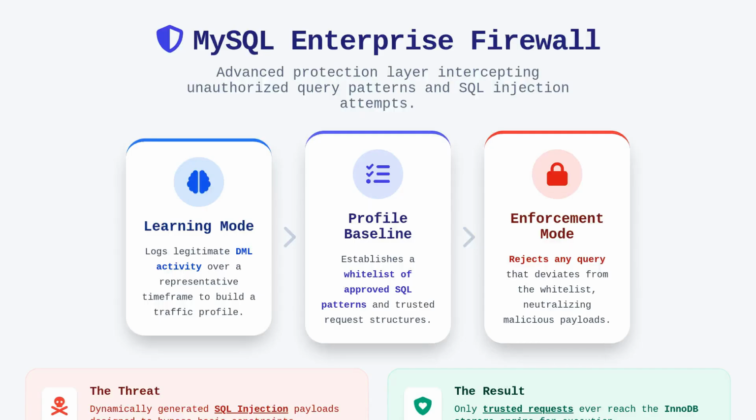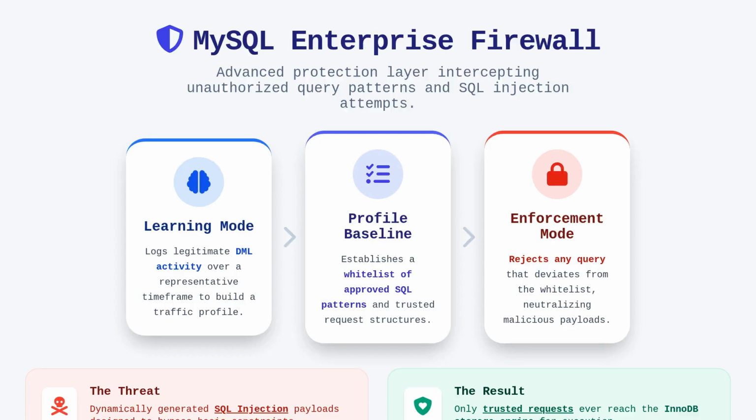Beyond basic network and file constraints, MySQL Enterprise Edition offers the Enterprise Firewall, which provides a sophisticated layer of protection against SQL injection and unauthorized query patterns. This component functions by intercepting incoming queries and comparing them against a pre-approved whitelist of SQL patterns or profiles. You essentially put the firewall into a learning mode, where it logs the legitimate DML activity of your production applications over a representative timeframe.